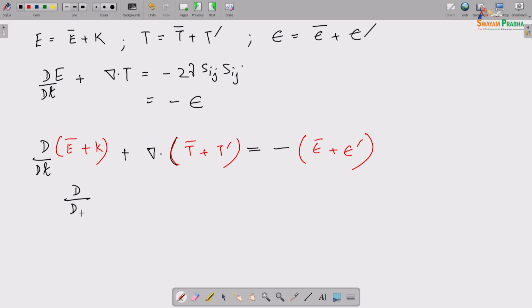So we wrote this down: d dt of the mean of this, and then we write that. Now I just broke this down.